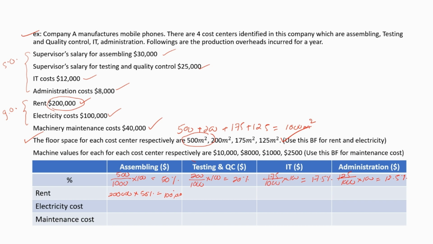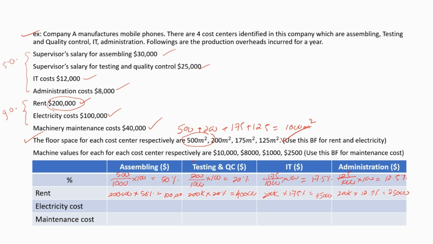The base factor here is floor space. So for testing and quality control, 200K multiplied by 20%, which is equal to 40,000. Likewise, now we can apportion the rent and electricity cost using this base factor or the percentage value. This is how we apportion the general overheads among the cost centers.